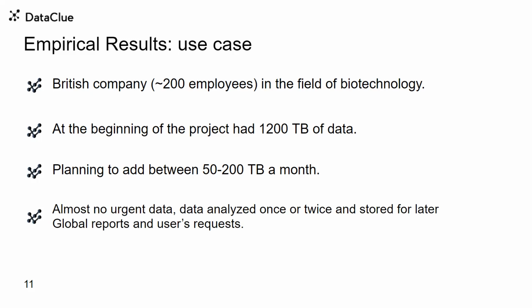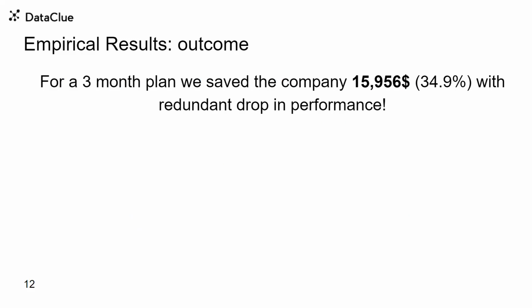So, the outcome. For the 3 months plan, we actually wanted to show more, but the company changed the plan just 3 months ago. We sell the company around $60,000, and I want to make sure it's clear, just for storing, without networking, communications, pre-process computation costs, and so on.